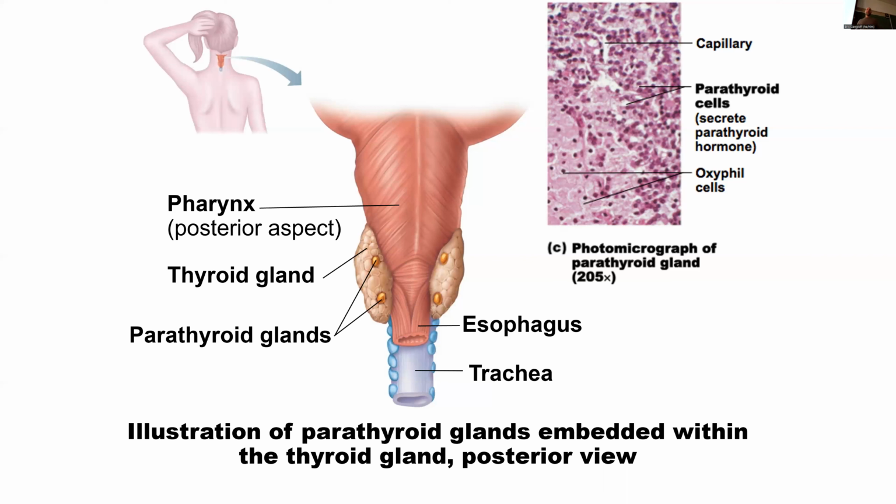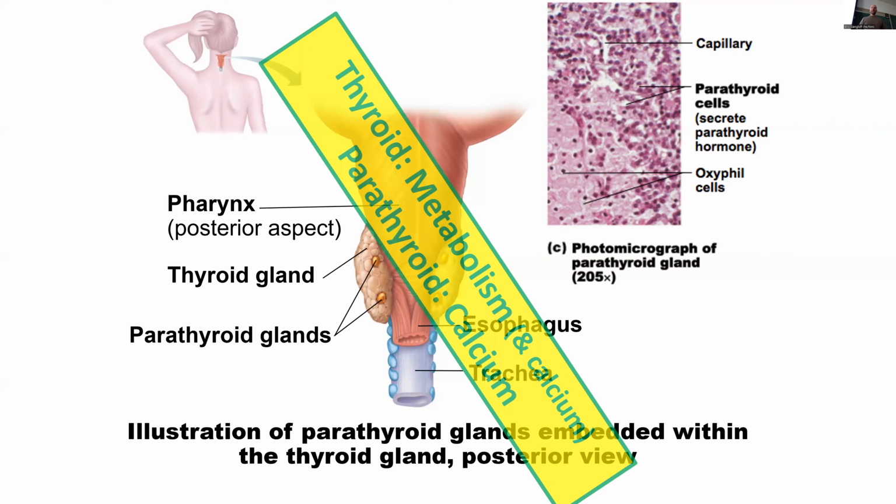It also releases a hormone that regulates calcium. But I won't talk about that too much, but the takeaway message is that it regulates metabolism and calcium. The parathyroid gland regulates calcium, and they have opposing effects. So the thyroid gland promotes calcium uptake, and the parathyroid gland promotes the release of calcium. And so we can see this here.